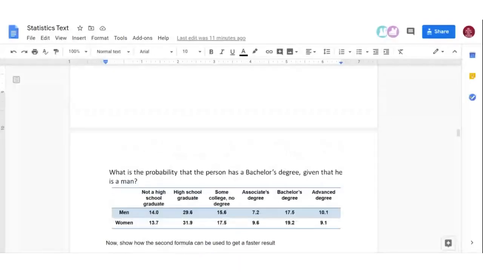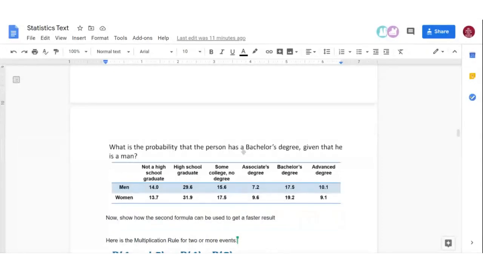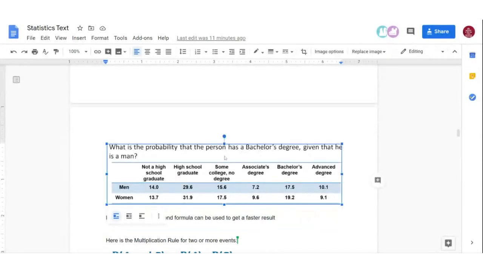Now, we want to answer this question. What is the probability that the person has a bachelor's degree given, and there's our key word for conditional probability, given that he is a man? All right.